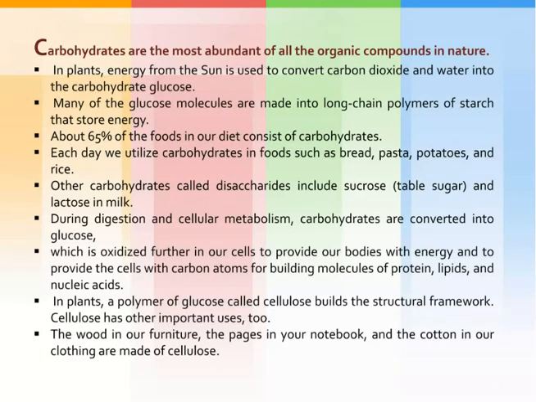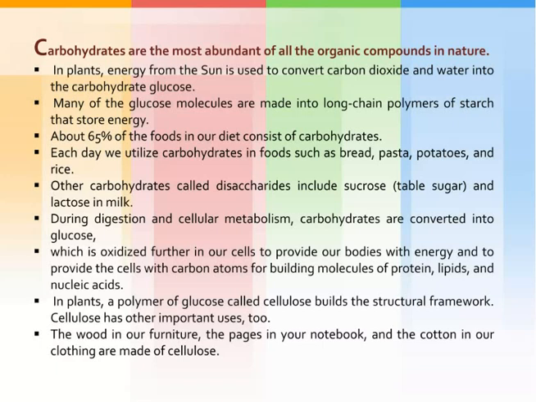Now, carbohydrates are the most abundant of all organic compounds in nature. In plants, energy from the sun is used to convert carbon dioxide and water into the carbohydrate glucose. Many glucose molecules are made into long chain polymers of starch that store energy.